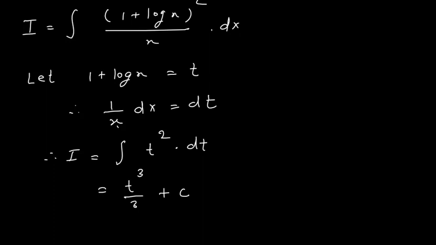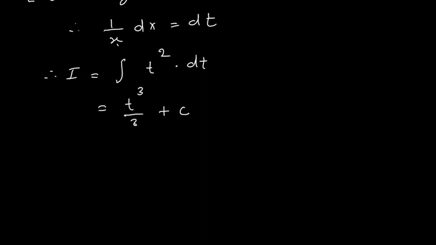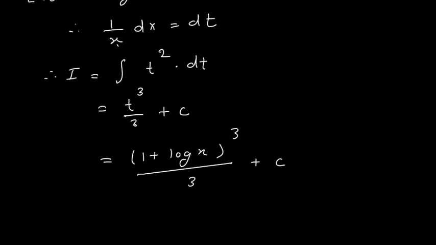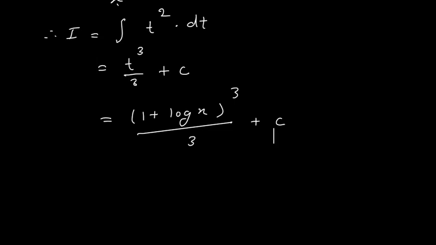Now in place of t I will write 1 plus log x, so we have 1 plus log x the whole cube divided by 3 plus c. So I is equal to 1 plus log x the whole cube divided by 3 plus c. This is the 9th question.